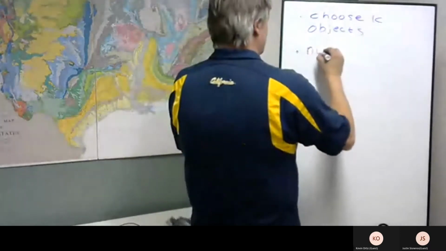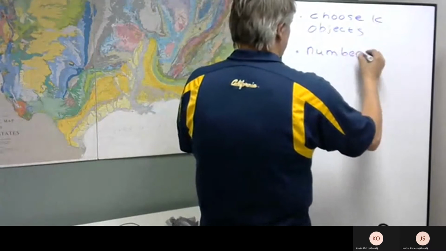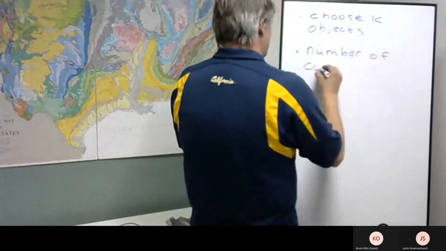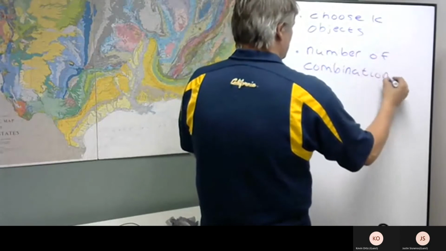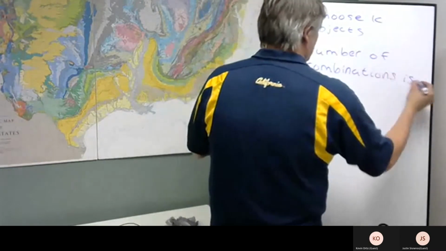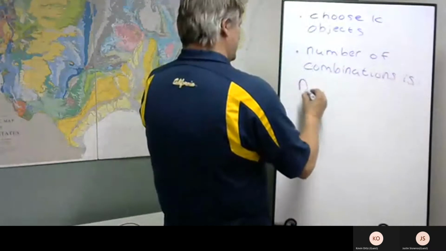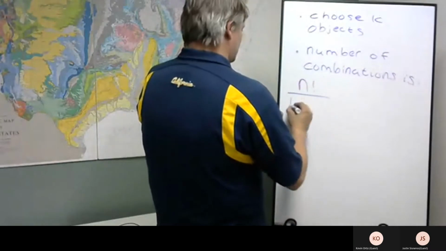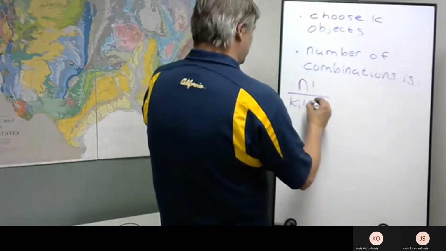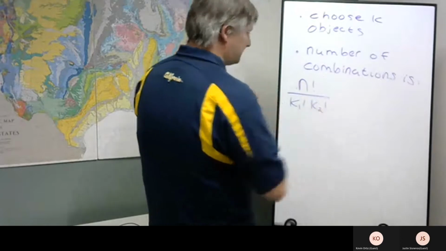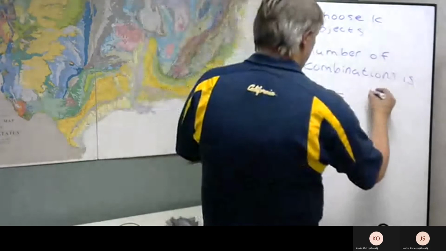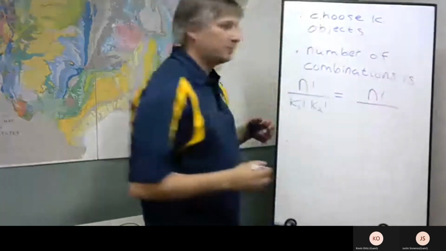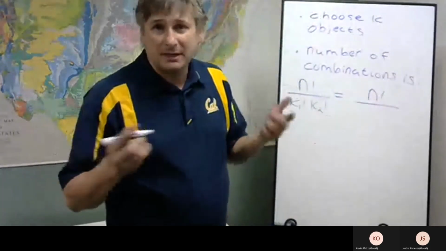Then the number of combinations will be n factorial over K1 factorial times K2 factorial. Now we're choosing K objects, so K1 will just be the number of objects we chose. That's K.